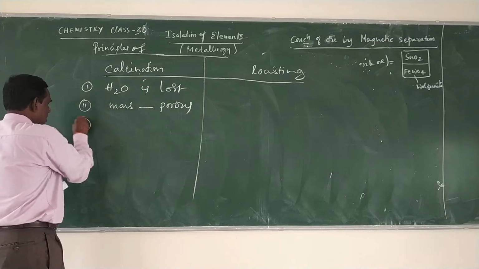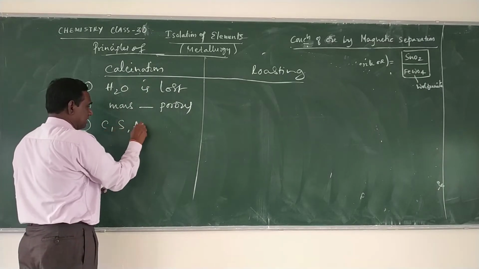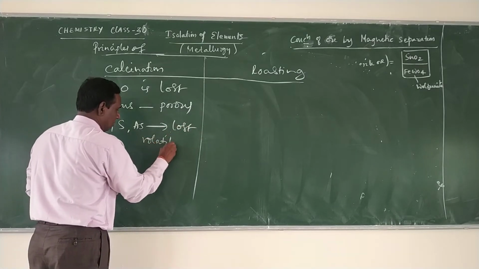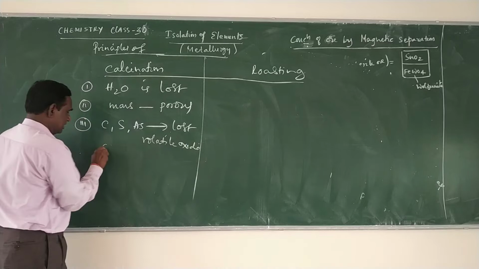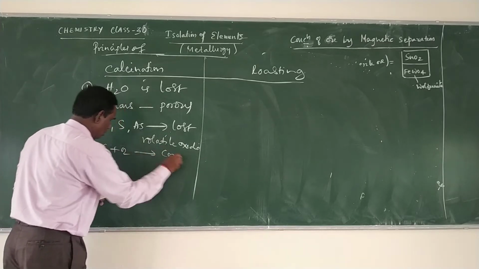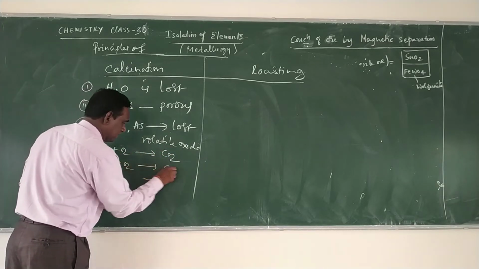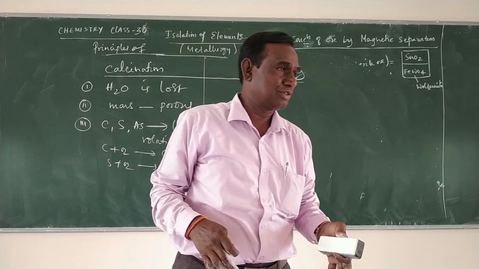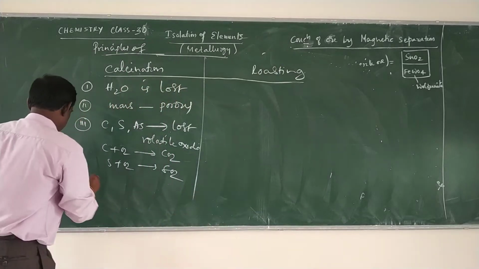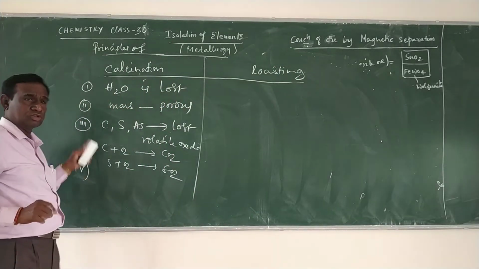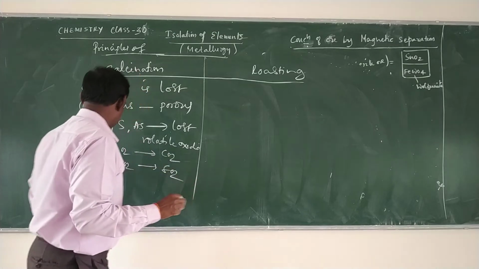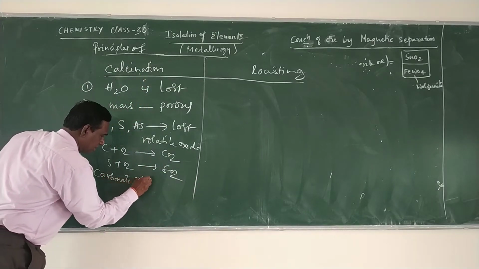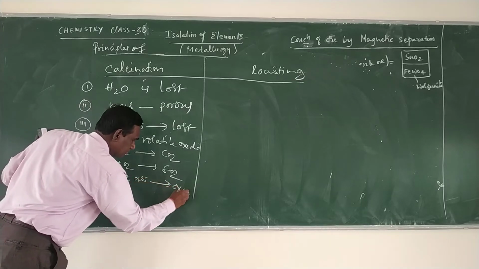Third, carbon, sulfur, arsenic impurities are lost as volatile oxides. How? C plus O2 gives CO2, S plus O2 gives SO2. And number 4, the important change: carbonate ores, if present, are converted into oxide ores.